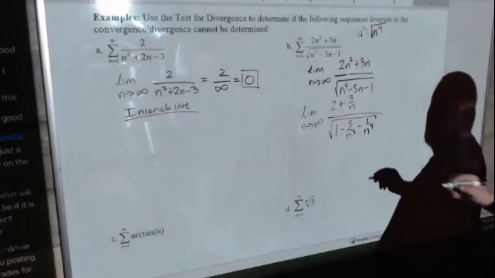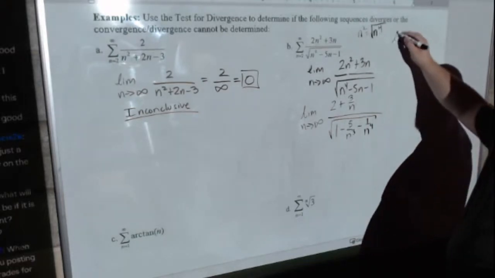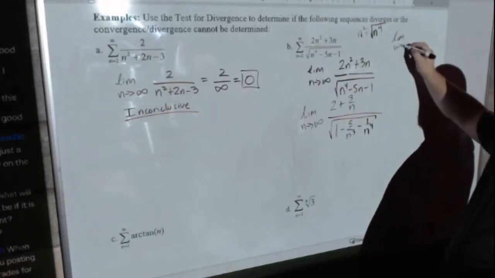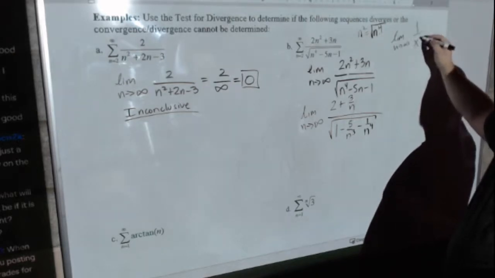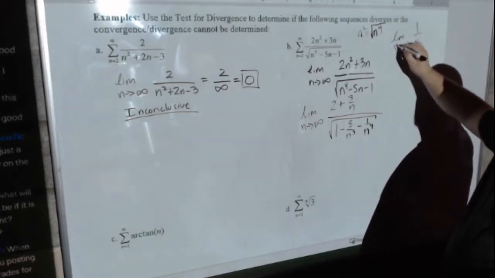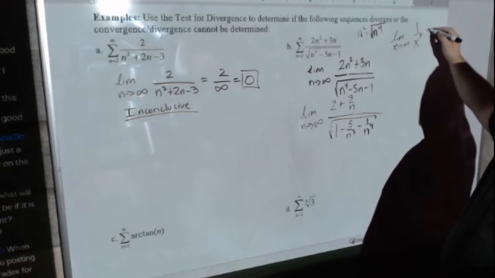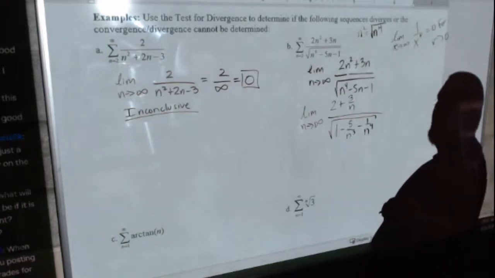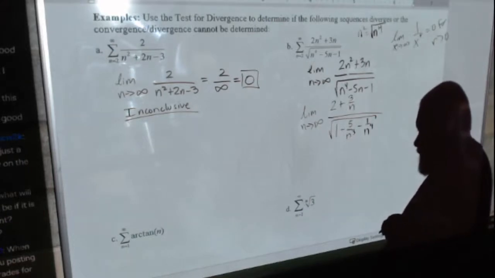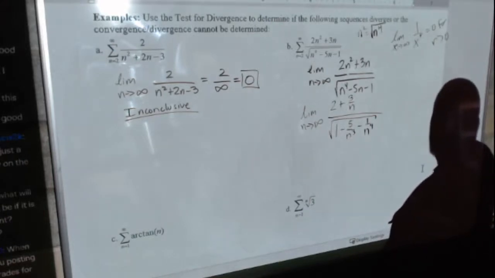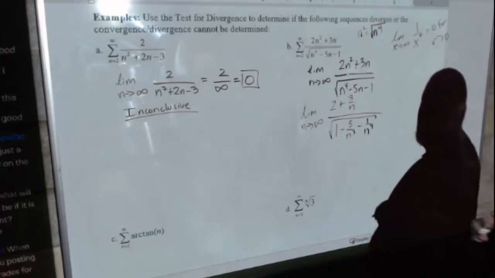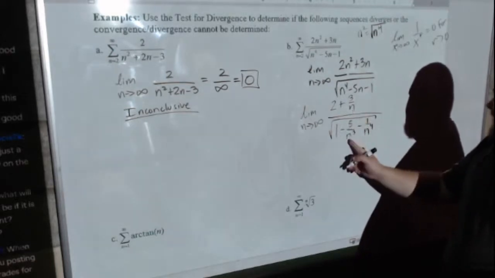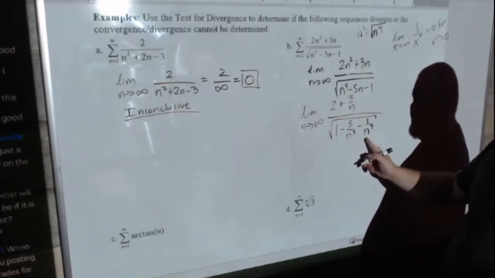Now, recall the fact that the limit as n approaches infinity of 1 over x to the r equals 0 for r greater than 0. If that's the case, then this term and this term are all going to go to 0.